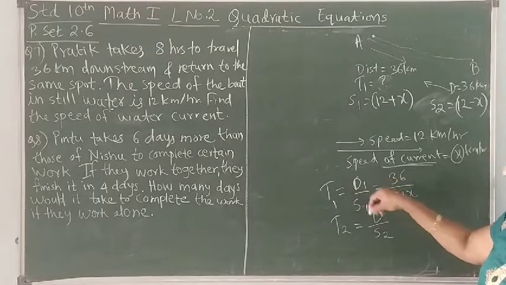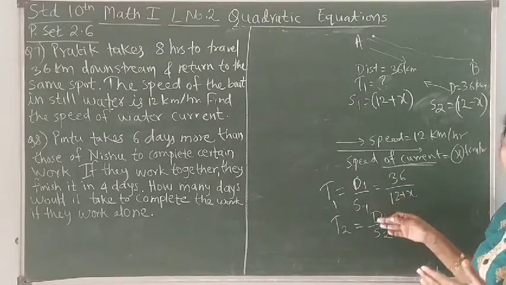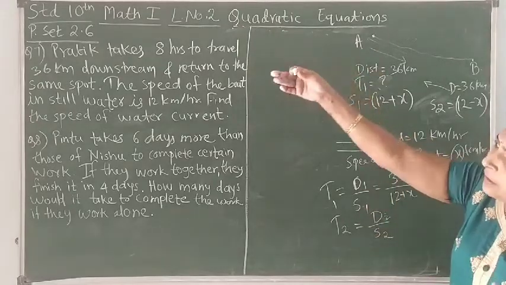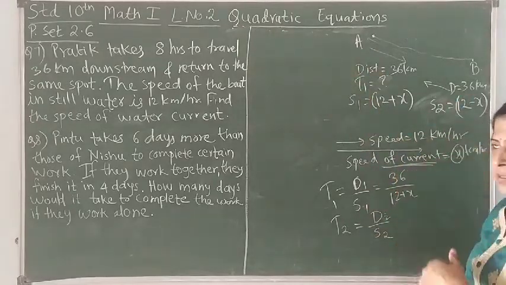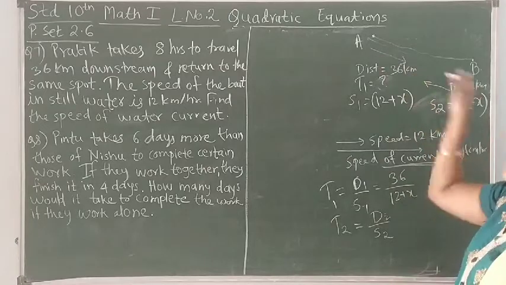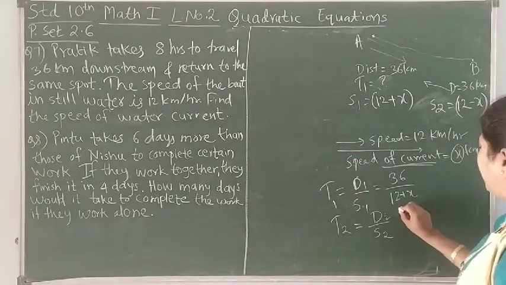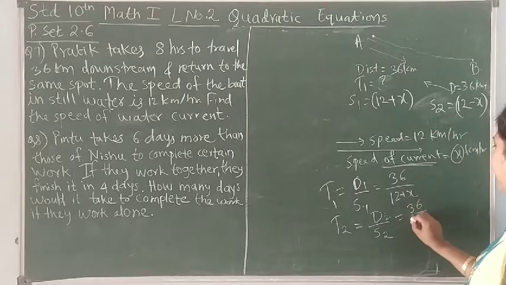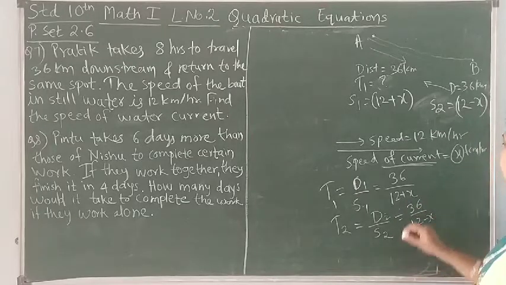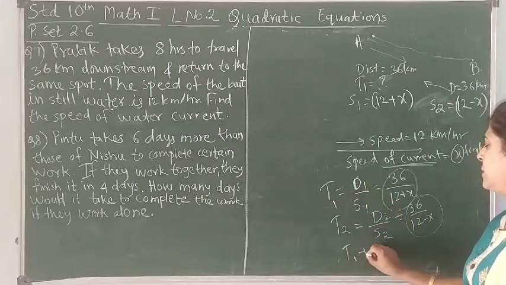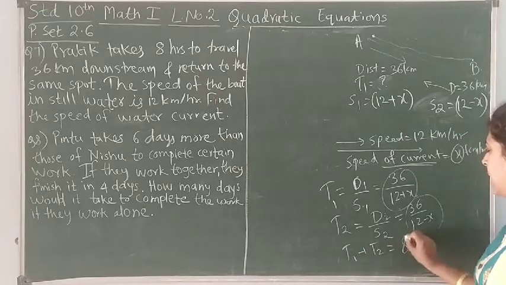I have not taken d1 and d2 because Pratik is traveling the same distance both ways, 36 km, downstream as well as upstream. So here also it is 36 divided by 12 minus x. And now t1 plus t2 is going to be the total of 8 hours.